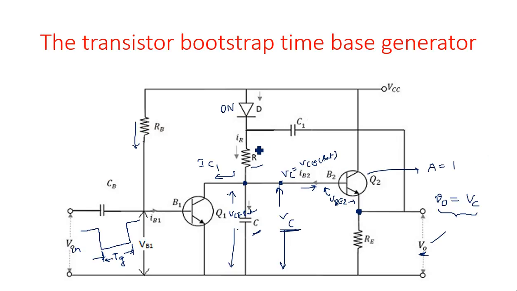Where is IB1 coming from? There is no other component here, as I said already. IB1 is the current coming through RB. That means there is no supply here.